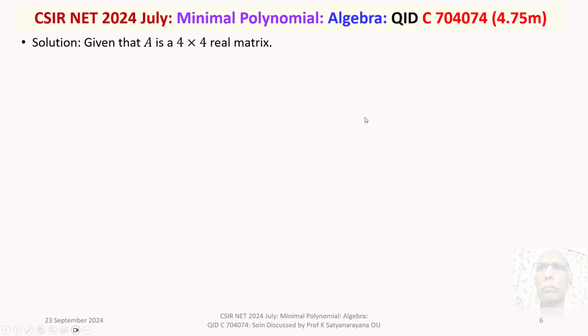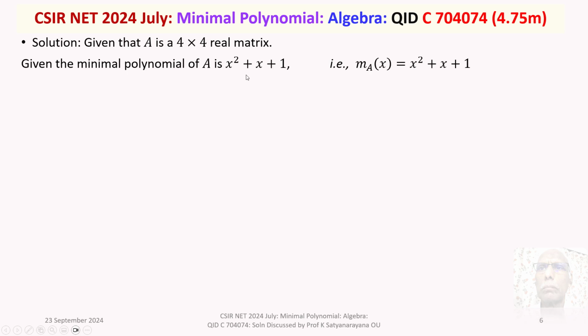We are given capital A, a 4x4 real matrix. We are given the minimal polynomial of A is x square plus x plus 1. The minimal polynomial of A is represented as m suffix A of x, and that is given to be x square plus x plus 1.